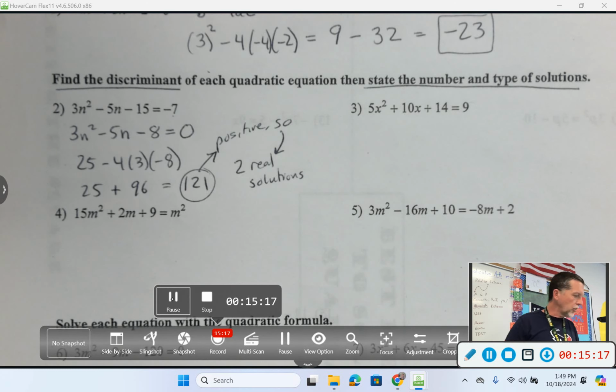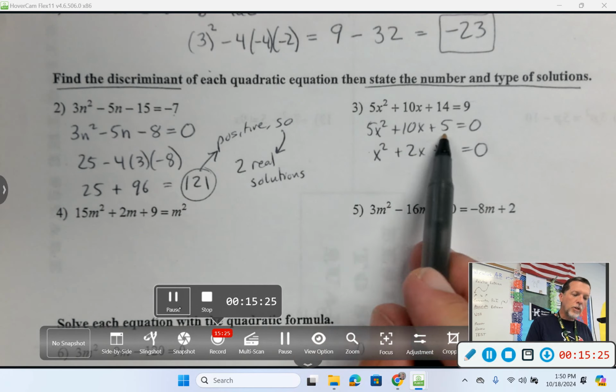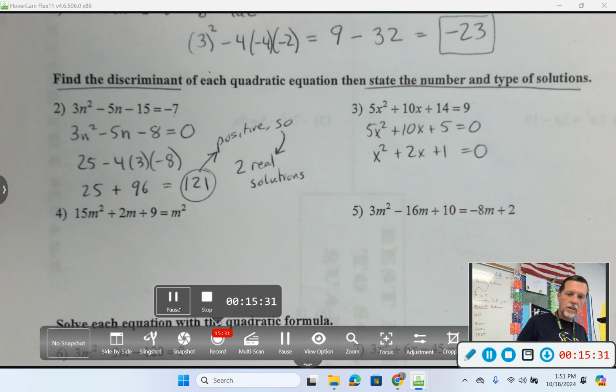What are you going to have to do first on number 3? Move the 9 over. So do number 3. If you can divide everybody by 5, it will make your life a little easier. Makes it a lot easier.